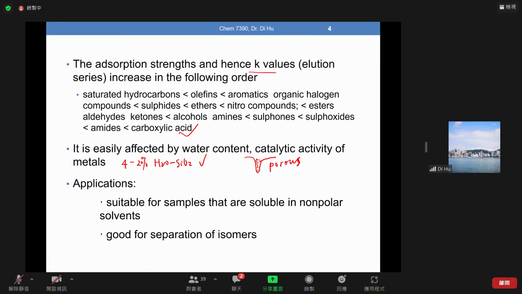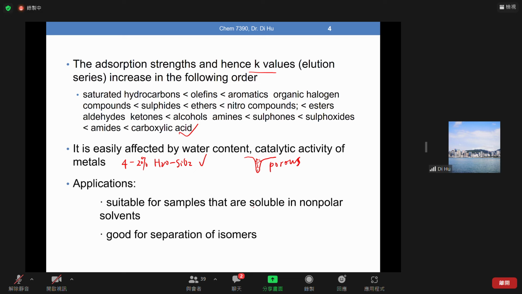And anyway, adsorption chromatography has some problems with retention reproducibility because of the water content influence and other things, and sometimes reversible adsorption happens. So that's why nowadays it has been greatly replaced by partition chromatography, which is the more popular one.